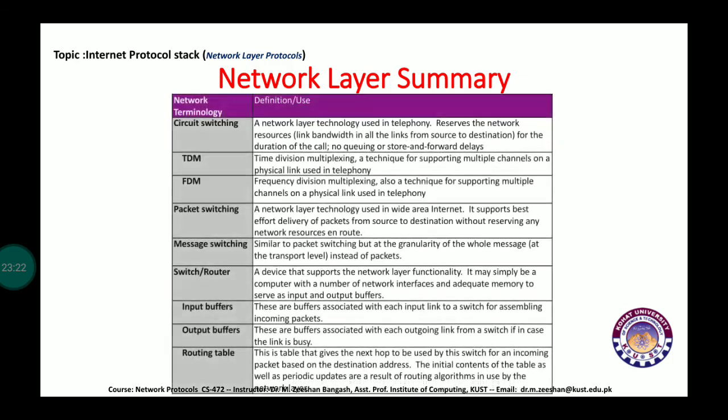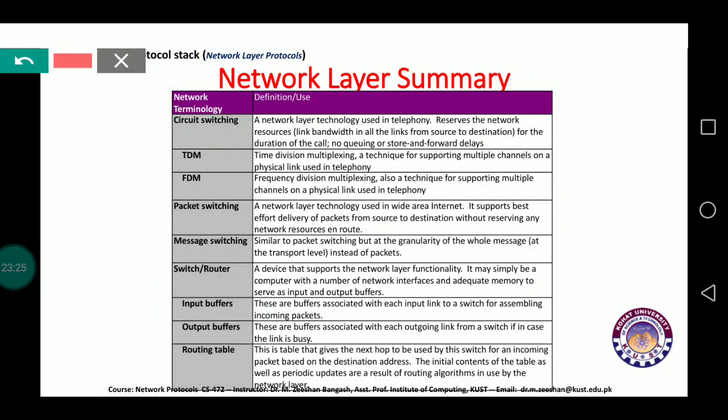So this is a summary in which details about the network layer operations are shown, used for circuit switching, which is a network layer technology used in digital telephony, and it reserves the network resources for the duration of the call. For a temporary duration, some resources are reserved.